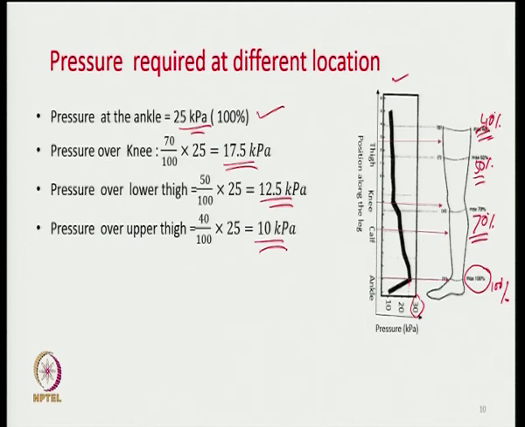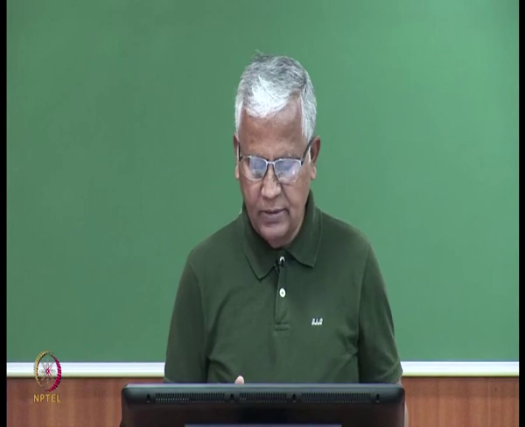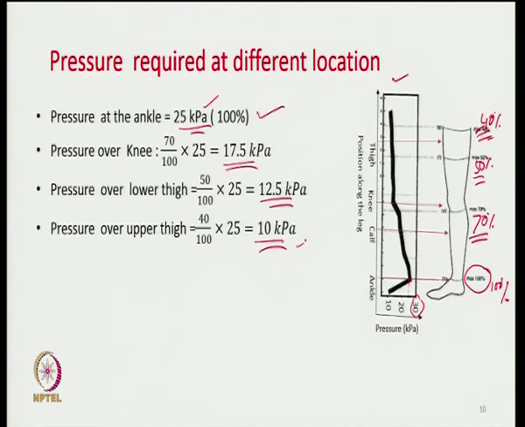So, it is going to be around 10 kPa. So, therefore, there is a necessity to produce a stocking which will give maximum pressure 25 kPa near the ankle and a minimum pressure of 10 kPa near in the thigh regions.